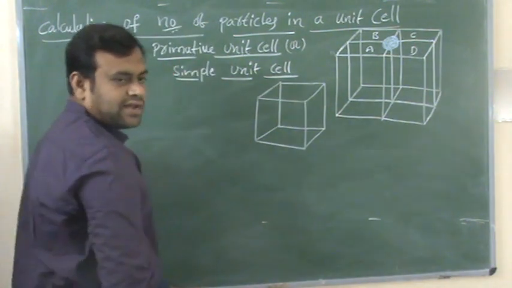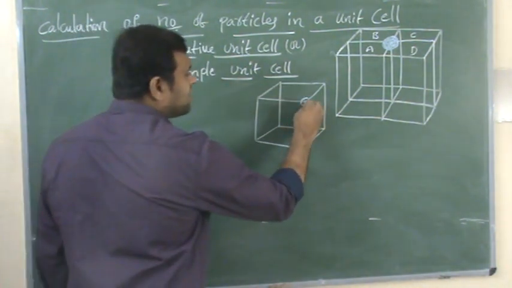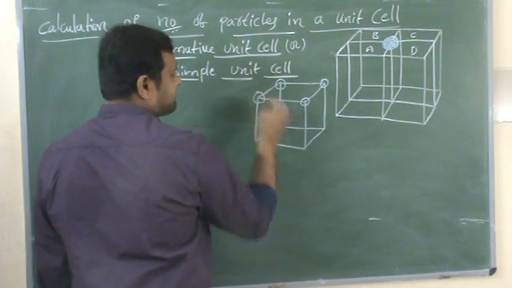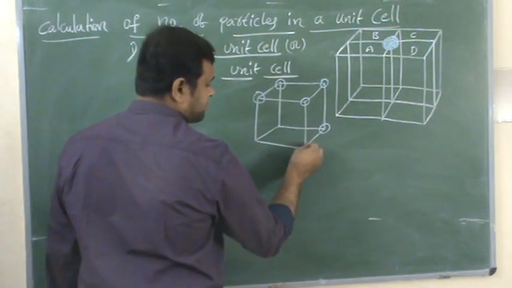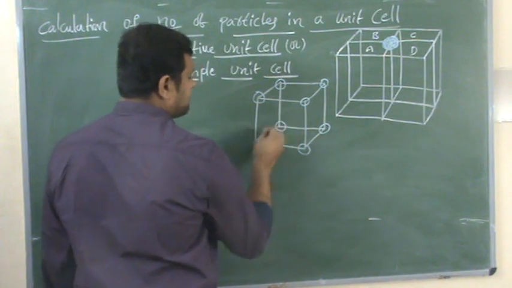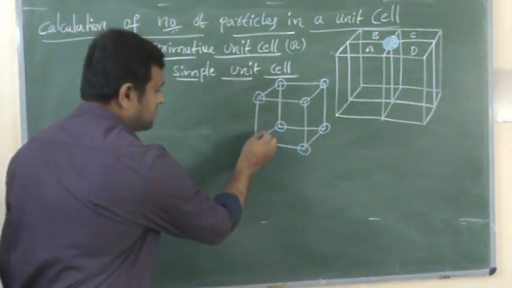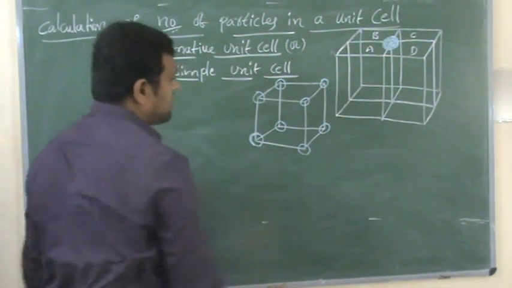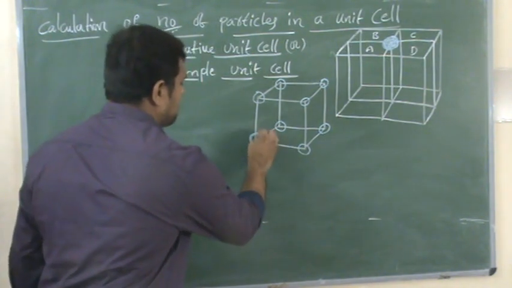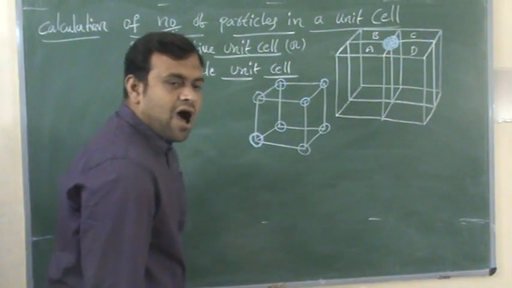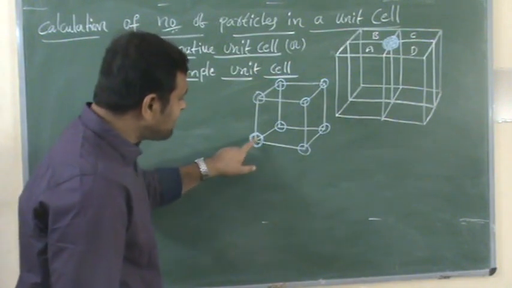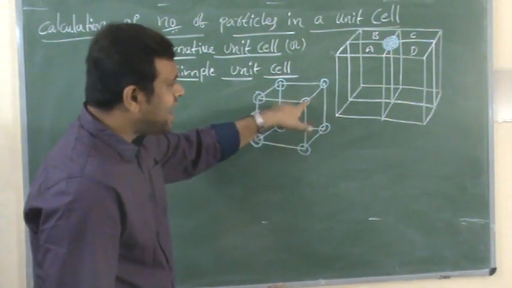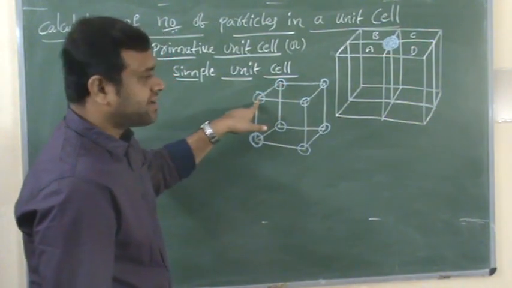So this is a unit cell, right? A primitive unit cell has how many particles, how many lattice points? 8 lattice points: 1, 2, 3, 4, 5, 6, 7, 8.